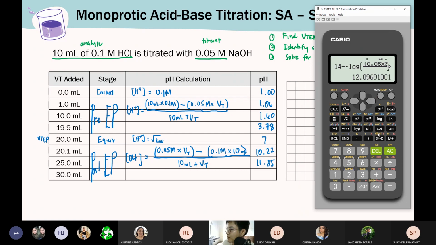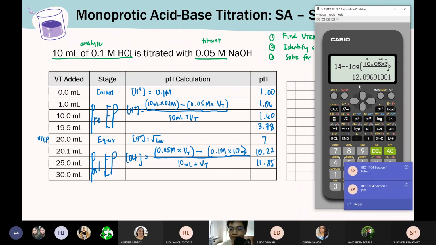So ito sa akin, 12.09. 12.10 actually. Got 12.10. And siguro ano lang sa denominator. Okay. Pero okay naman. The rest of the answer is correct. So it's still good.